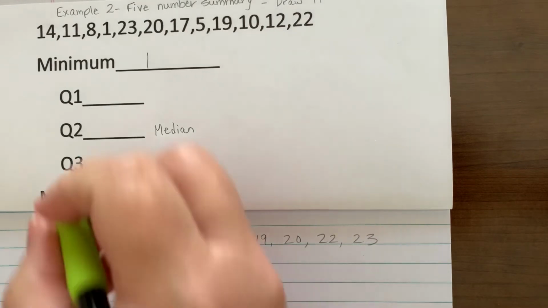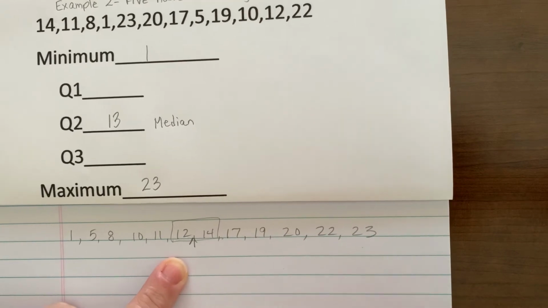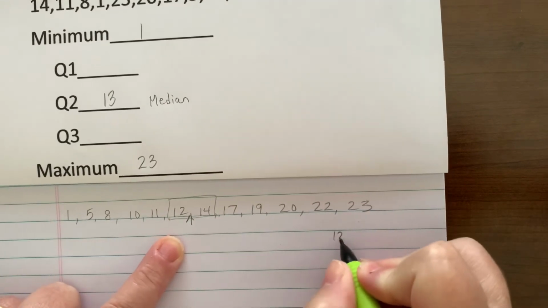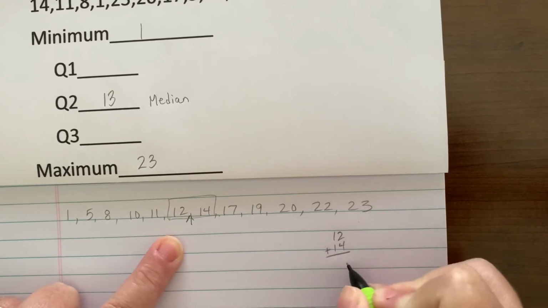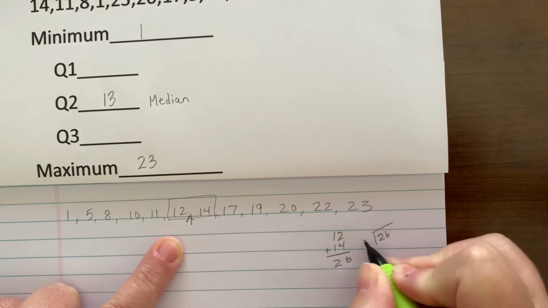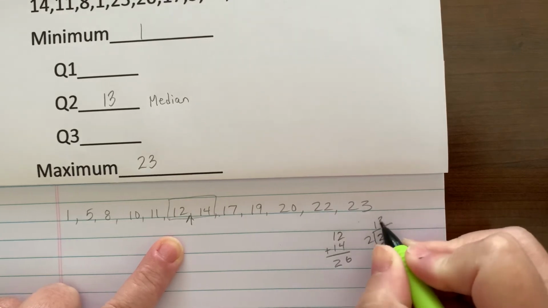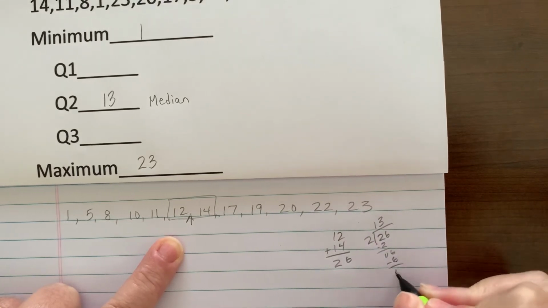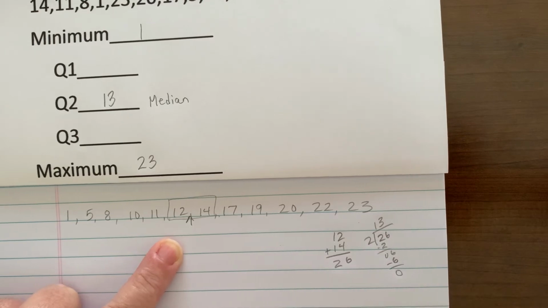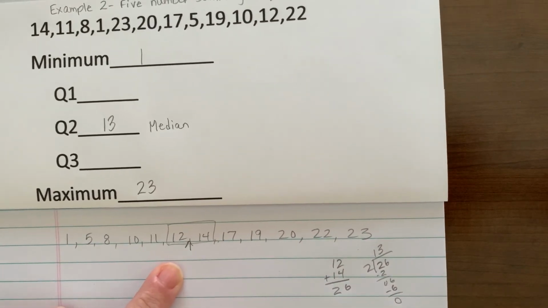Halfway between 12 and 14 is the number 13. If I wanted to do it mathematically, I could certainly add 12 and 14, and I would get 26. And when I divide 26 by 2, I get the number 13. So that's another way to find it, okay? So 13 is my median.